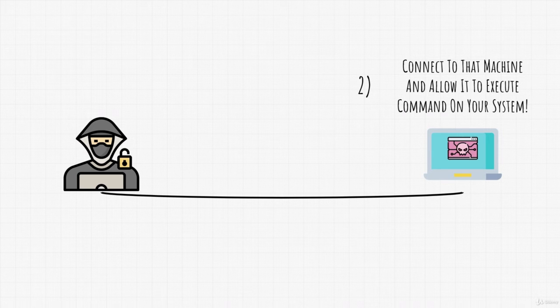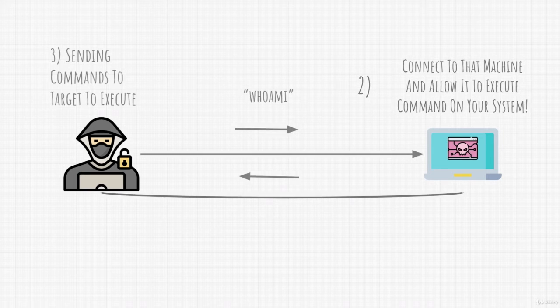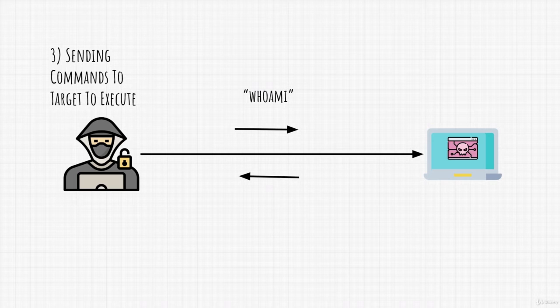And that other machine would be our Kali Linux. And the third step is pretty easy. We just send the commands that we want our target to execute. We navigate through files, run other programs, and in return, the target sends us an output of the commands that we executed. Picture it like using the target's terminal from our Kali Linux machine.